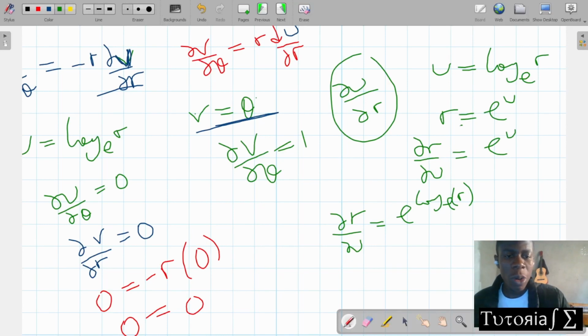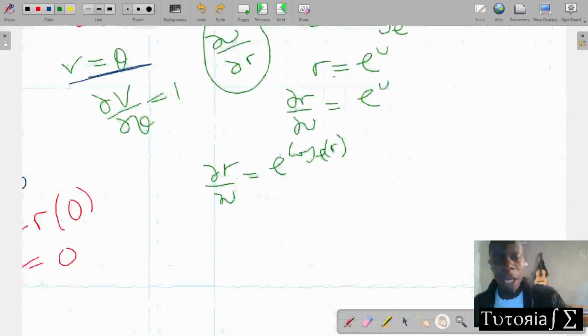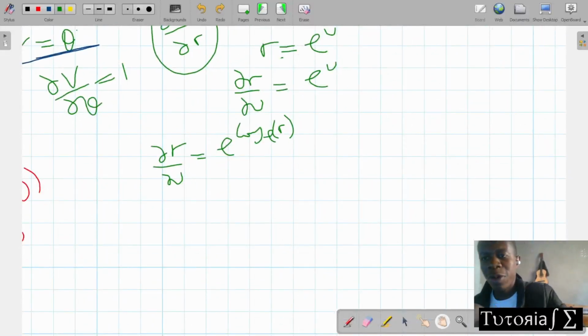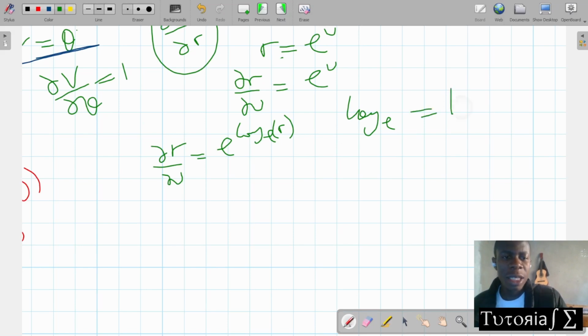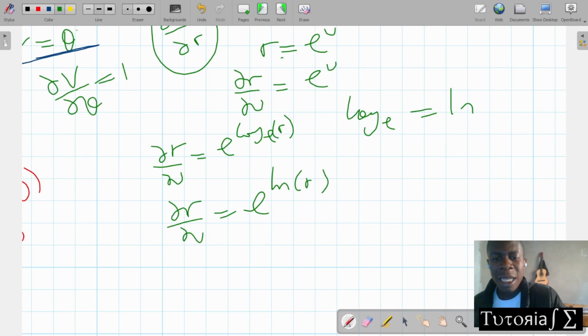So dr/du is equal to e to the natural log of r, and e to the power natural log of r is just equal to r, meaning that our dr/du is equal to r.